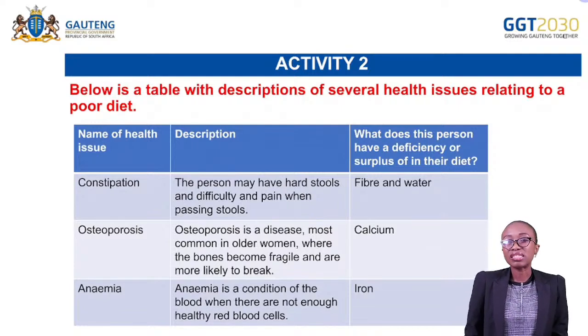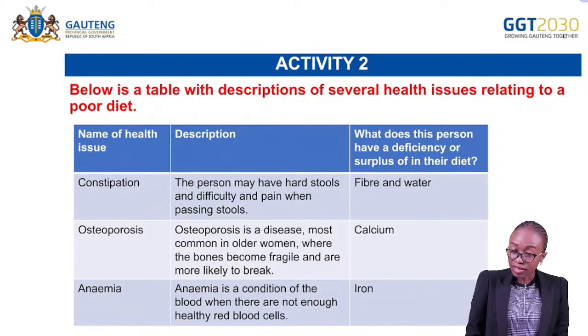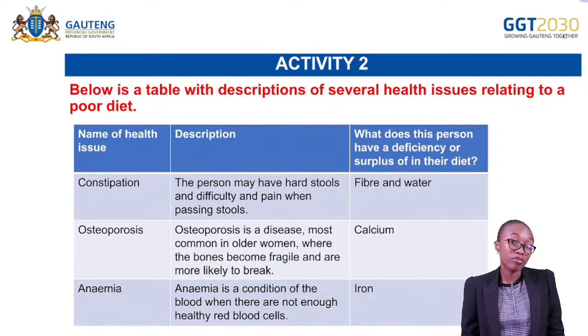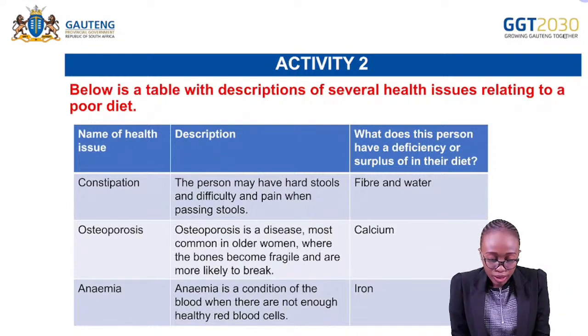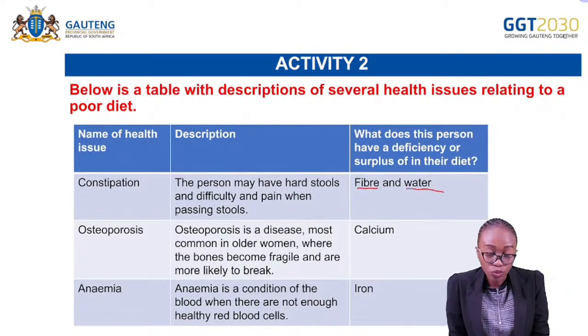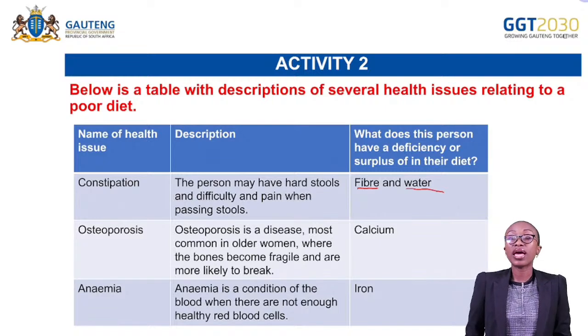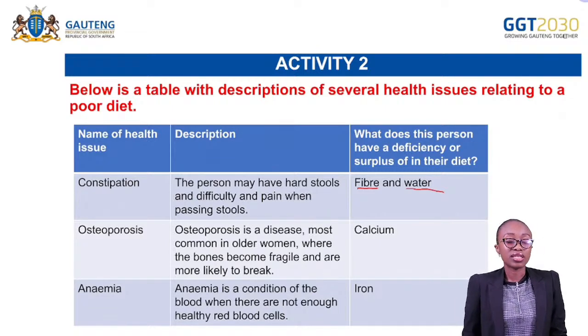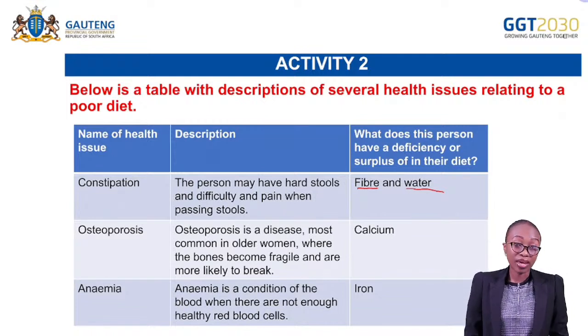So what does this person need in their diet, or what is missing from their diet? Okay, so I have up here fiber and water. So this person has to add water and fiber into their diet so that they can relieve themselves of this constipation. Let's look at health issue number 2.